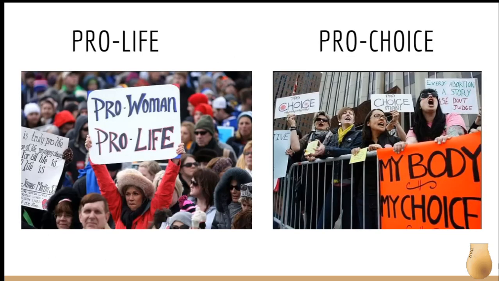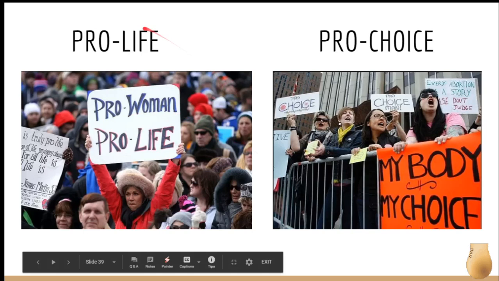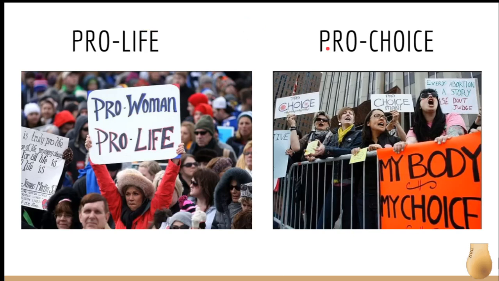Here you can see there are two pictures showing two groups of people fighting for one specific cause. On your left side there are people who support pro-life. On your right side there are people supporting pro-choice. What are they doing, and what is the cause for having a kind of fight among themselves?